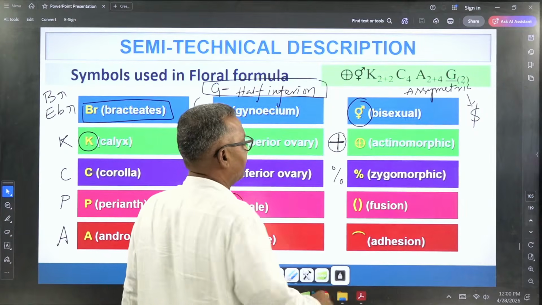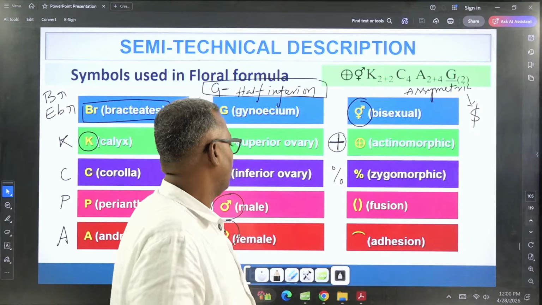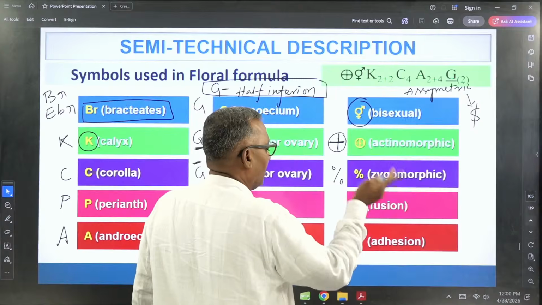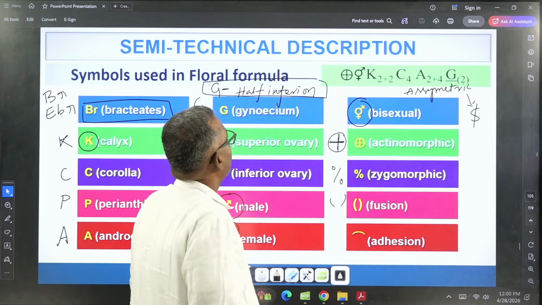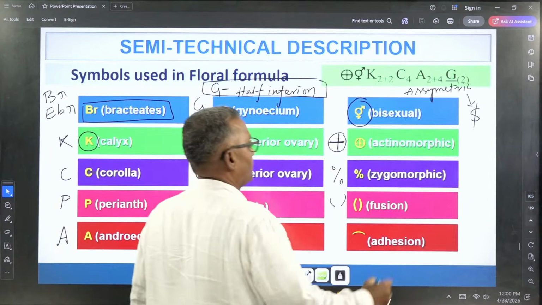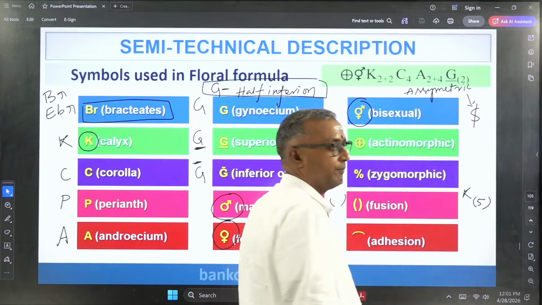Next, if there is a fusion among the sepals or petals, then the digit representing that particular floral part is kept in a bracket. For example, if there are 5 sepals and all 5 sepals are fused, then we write K5 in a bracket.